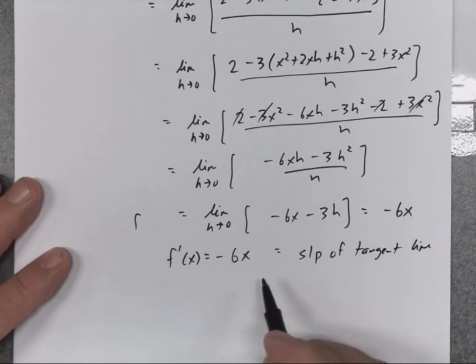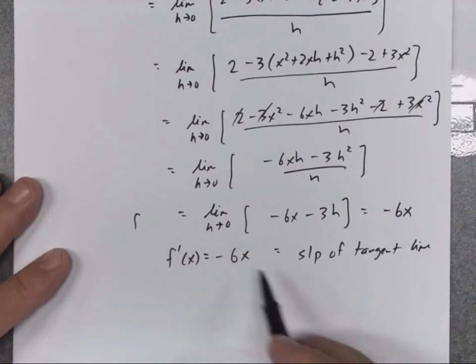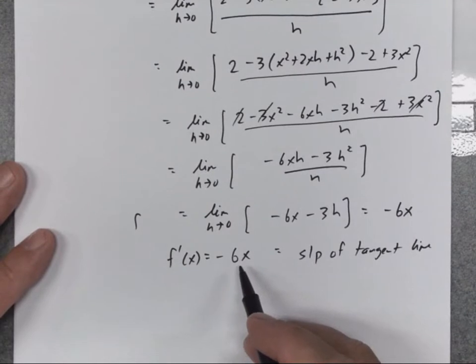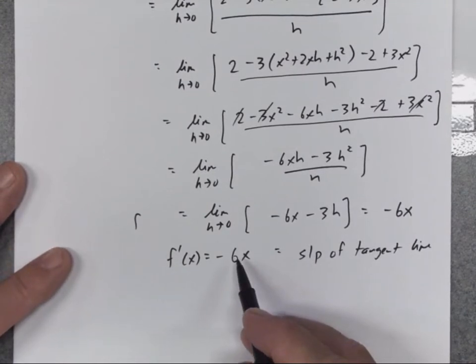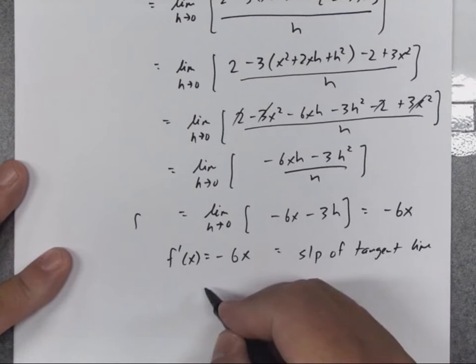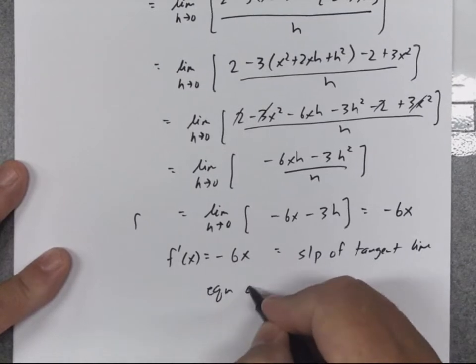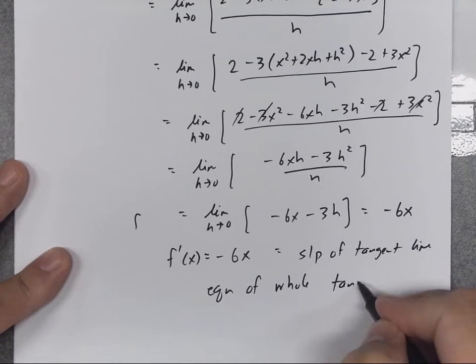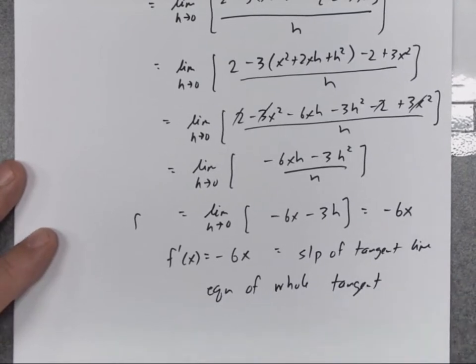So in the first problem, I just plugged in a value of x and got the slope and we were done. This problem, they don't want just the slope of this tangent line. They want the equation of the whole tangent line.